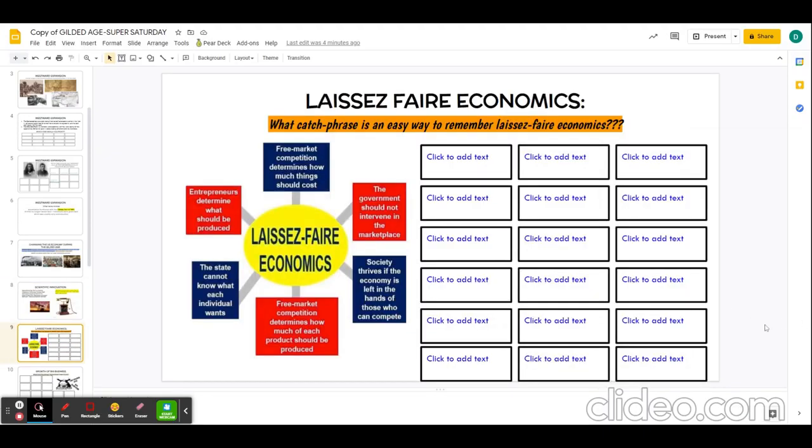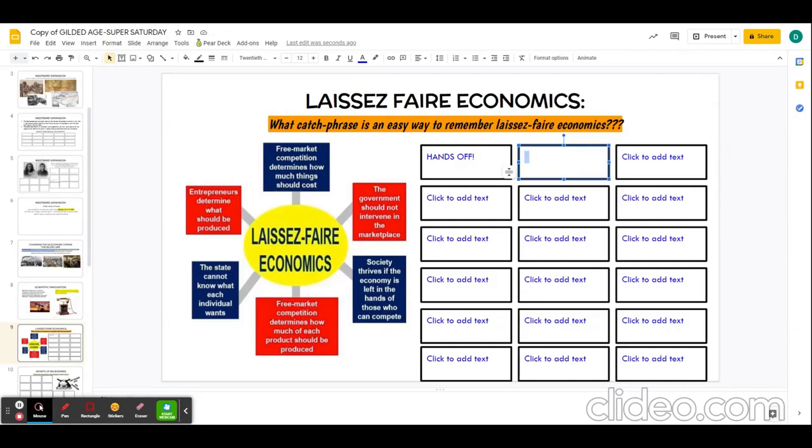Another key vocabulary phrase to know is laissez-faire economics. This graphic gives you a good rundown of what that could look like. Basically, the government should not intervene in the economy. I have taught my students over and over to know that that means hands off. The government should keep it hands off, jazz hands. We should not intervene in any way.